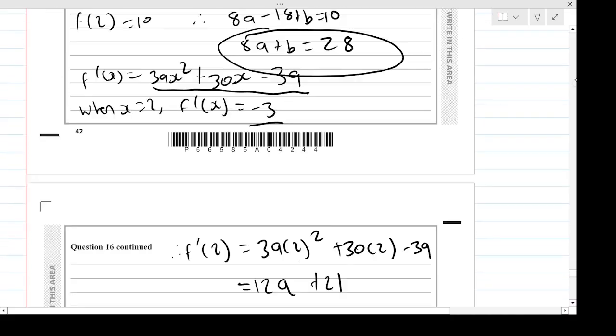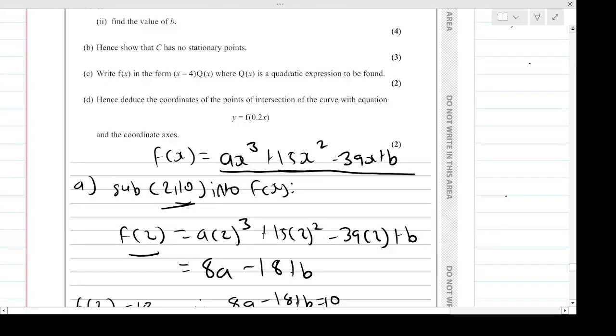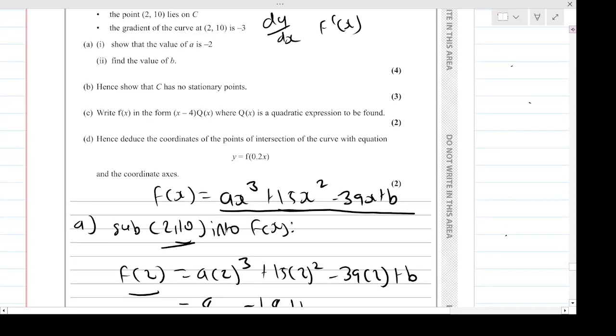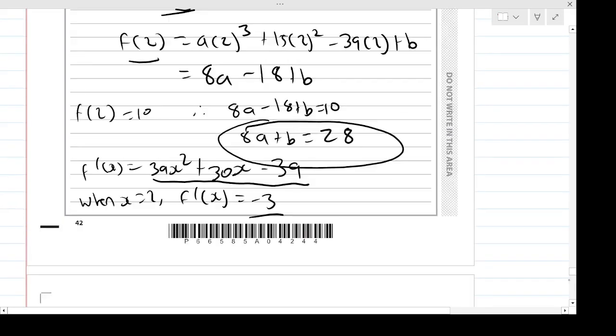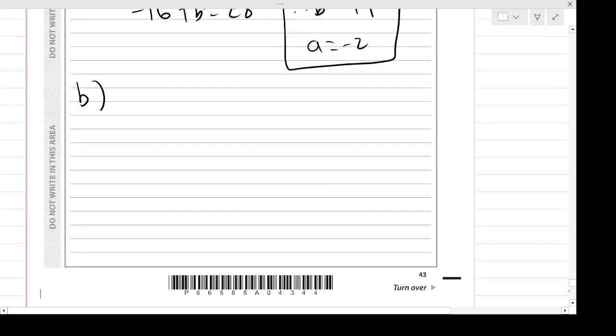Right, that's the first part. Then it says, hence show that C has no stationary points. Stationary points are where the gradient is set to 0. But we worked out the gradient, we know what f dash of x is.